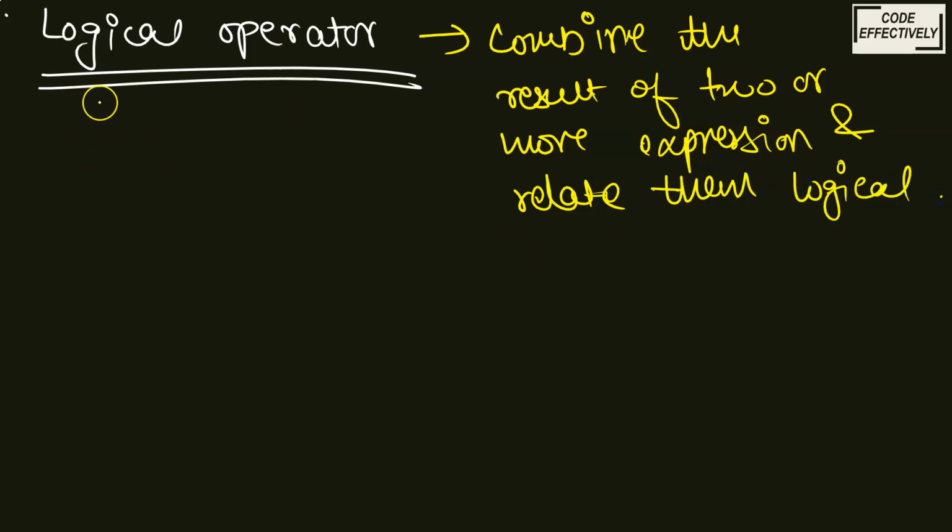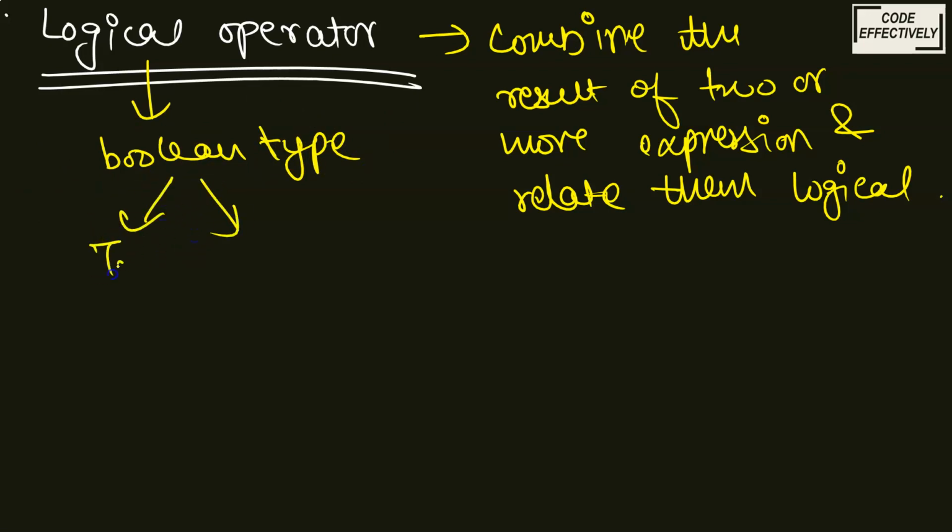In logical operators there is one more speciality: they always return a Boolean type value. If the condition is false, it returns false, else it returns true. They have only two possibilities, true and false. No other value they will return.